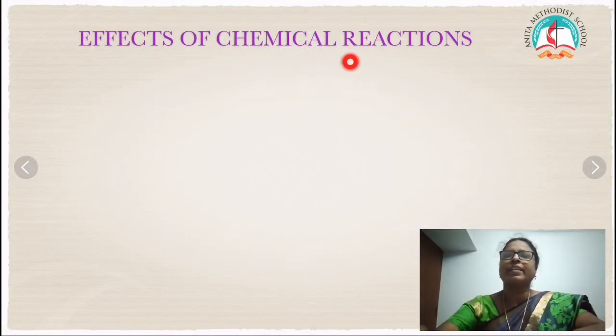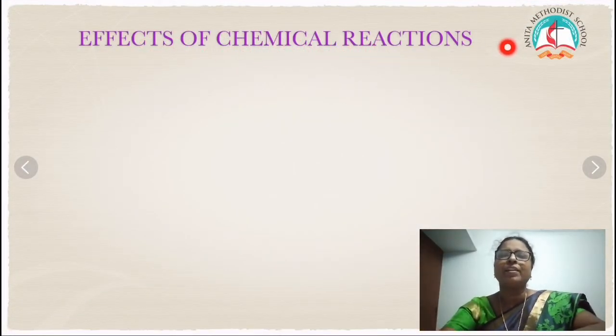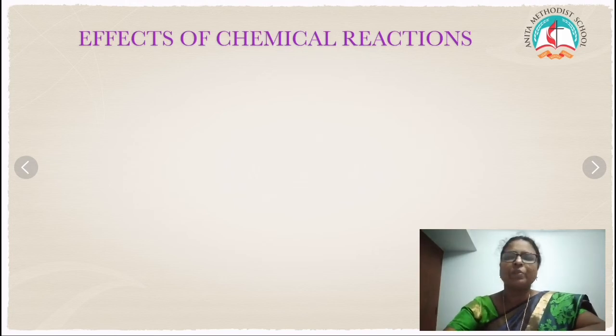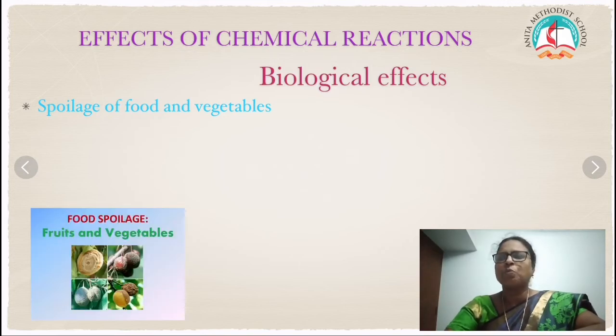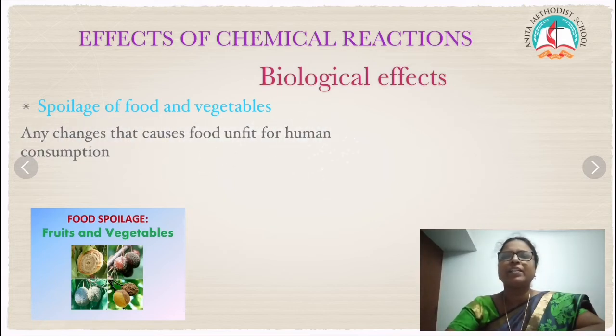Next, we are going to see the effects of chemical reactions. In that, we are going to see the biological effects and spoilage of food and vegetables. So, what is food spoilage? Food spoilage may be defined as any change that makes food unfit for human consumption.